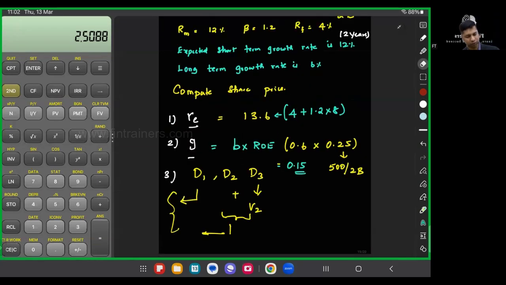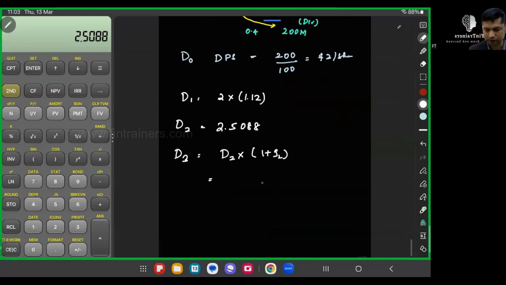Actually, I gave you the long-term growth rate as 6%, but we also calculated the sustainable growth rate as 15%. See, when you have a growth rate like 15%, the problem is the Gordon growth model will not work if your growth rate is higher than your cost of equity. If you go back to your equation for GGM, V_t is equal to D_(t+1) divided by R minus long-term growth rate.